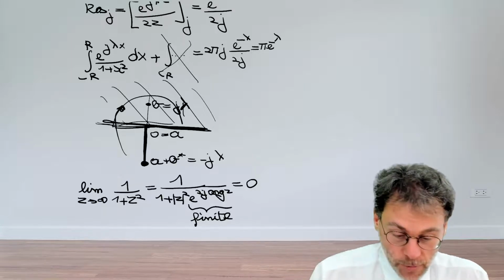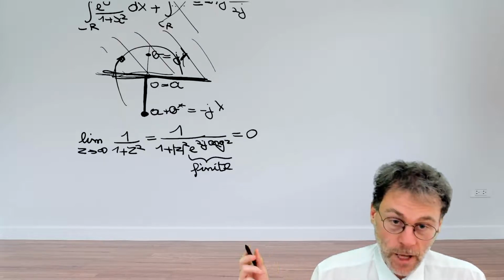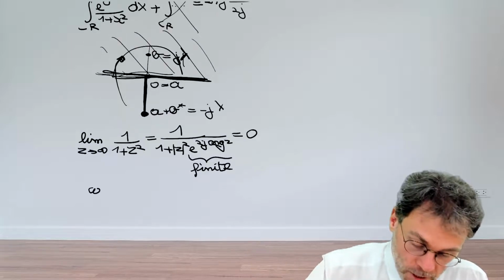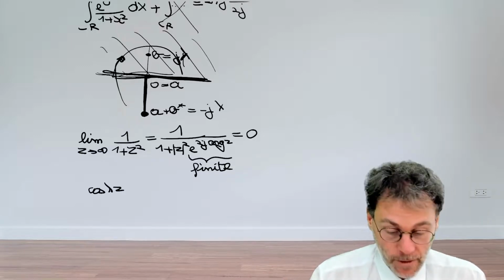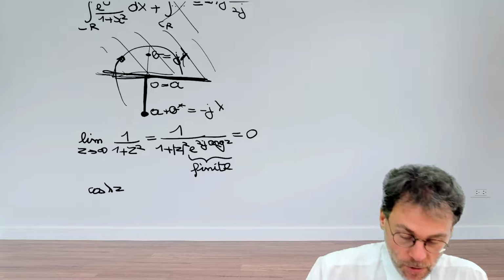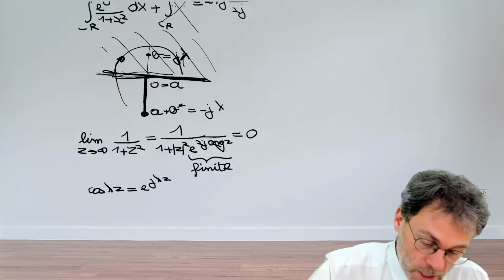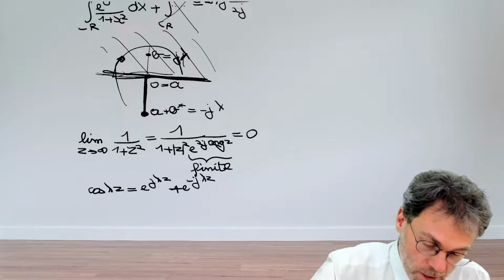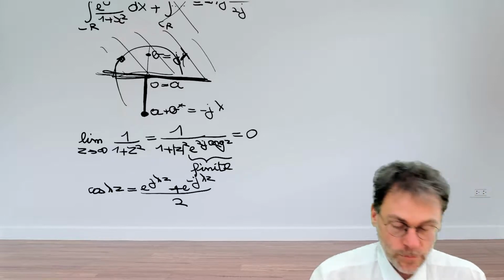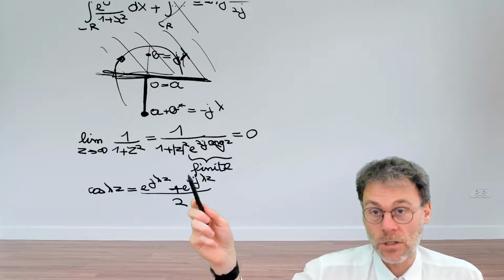And now is a good time to revisit our choice of f of z, because had you chosen, for example, cosine lambda z as a function, then we would be in a little bit of trouble here, because we know that cosine of lambda z is exponential j lambda z plus exponential minus j lambda z, divided by 2. Then you have two different complex exponentials with a different sign.